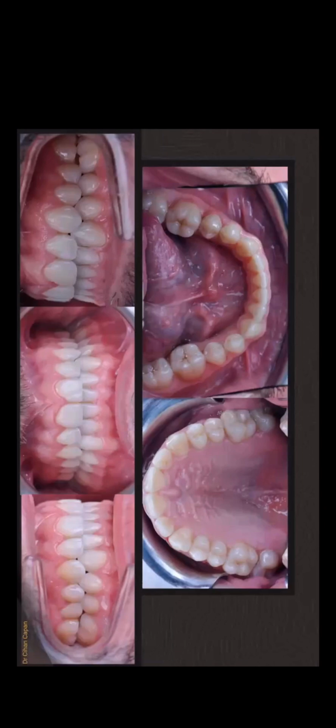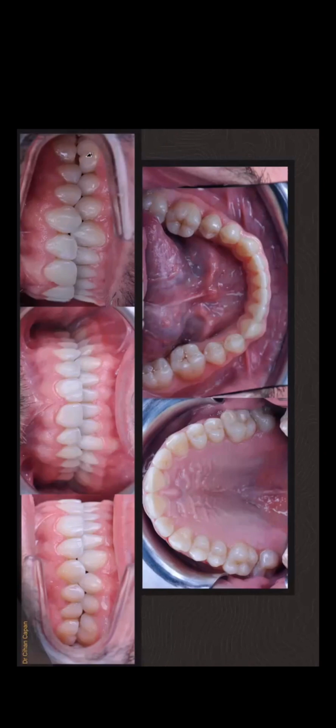And this is the final. So you can see at the right side, everything is settled. We have a really good class 1 relationship. You can see how the laterals are well torqued, and the midline is perfectly matched at the end of the treatment. Here you can see the left side.